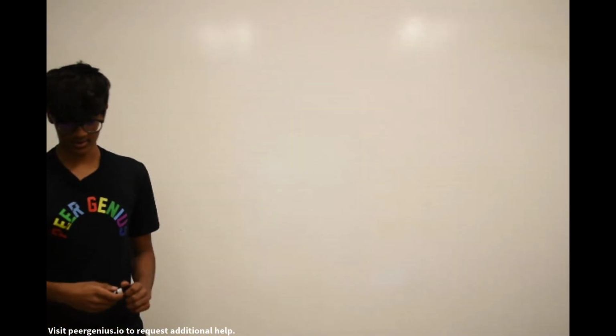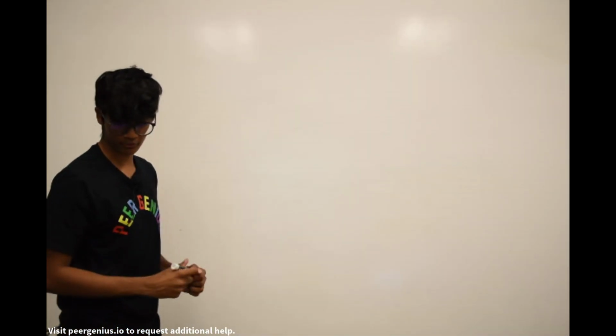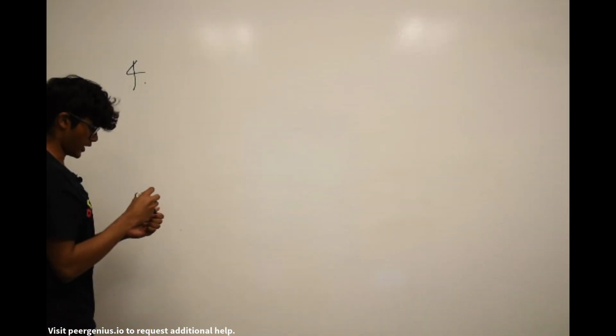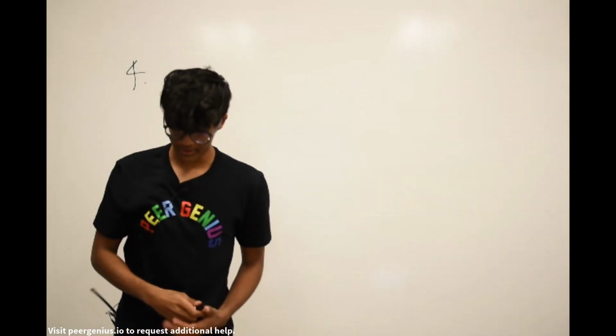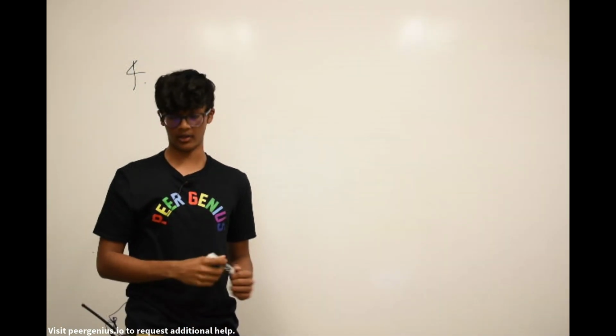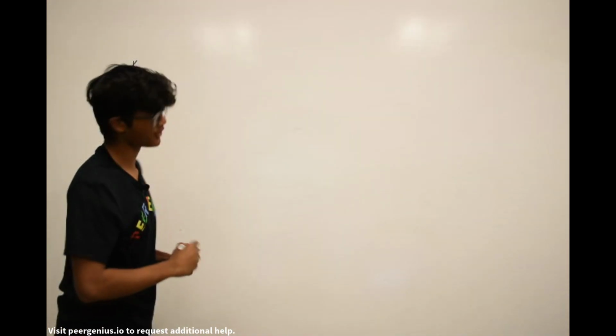Okay, we're going to move on to number 4 now. What is the area in the region absolute value of x minus 10 plus absolute value of y minus 5 is less than or equal to 100?